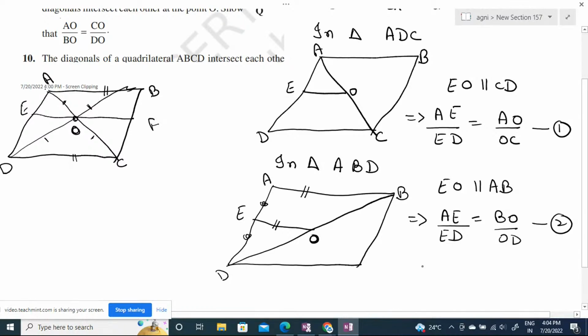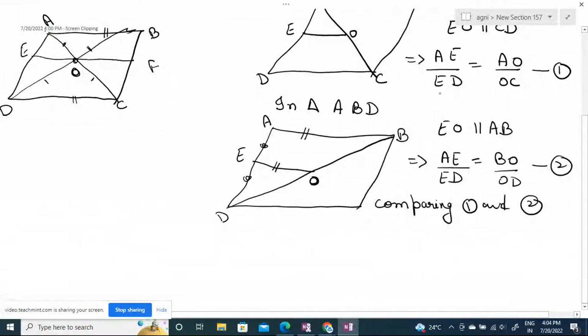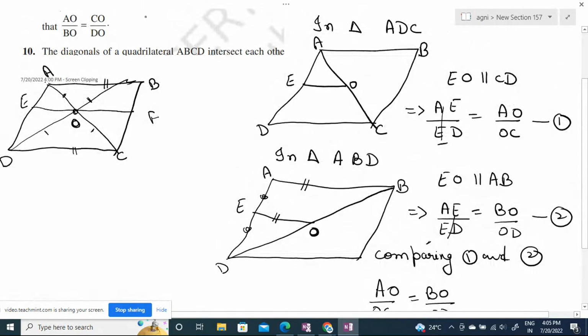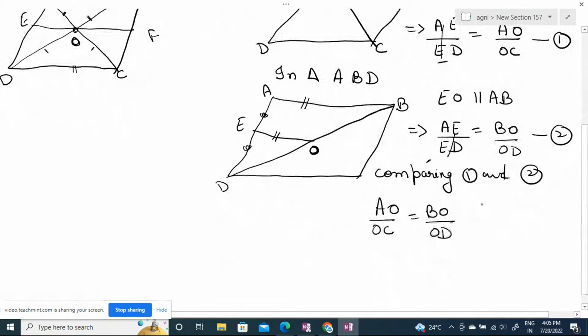Now comparing 1 and 2, AE and ED both are the same, so we can cut. So it becomes AO upon OC, which is equal to BO upon OD. And this is what we have to prove in the question. So it is proved.